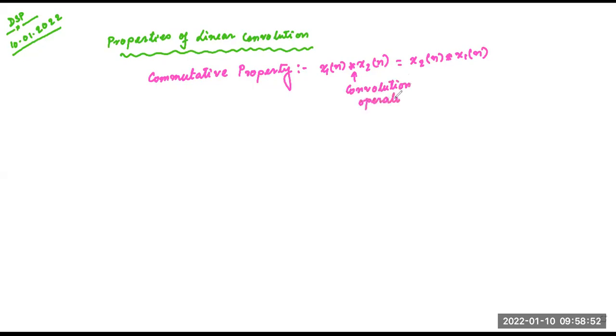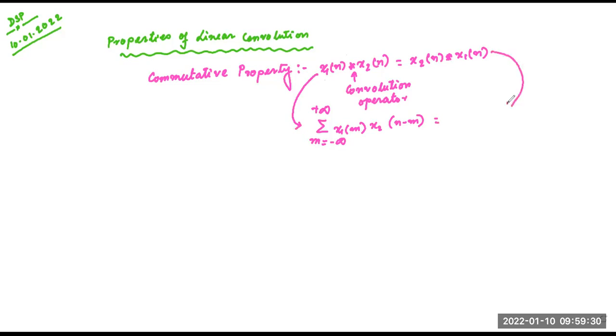This means summation of m equals to minus infinity to plus infinity x1 of m into x2 of n minus m. If we do the equation, this means this, but this does not mean that.